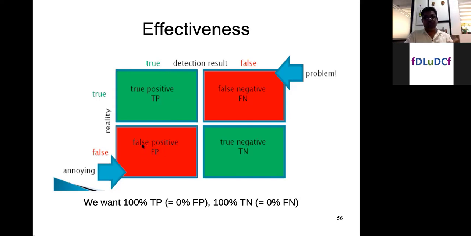False positive means no attacks, this is good traffic, and alarms. Then true negative means actually good traffic, no attacks, no alarms. No attacks, no alarms, right?